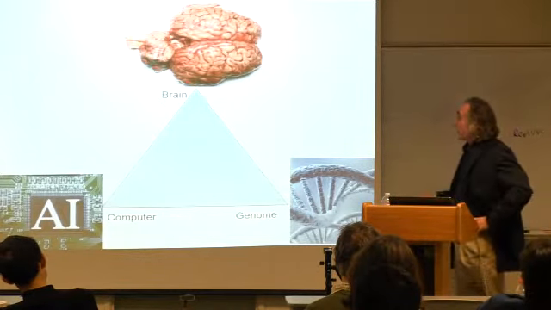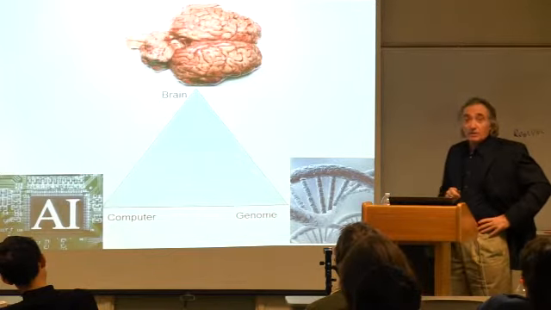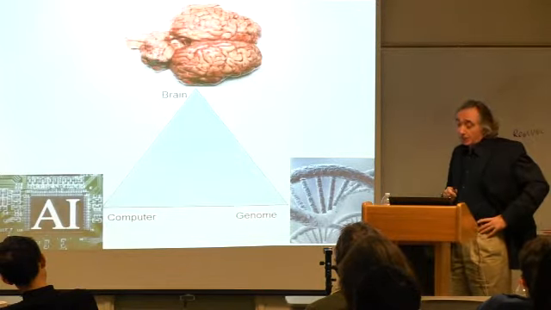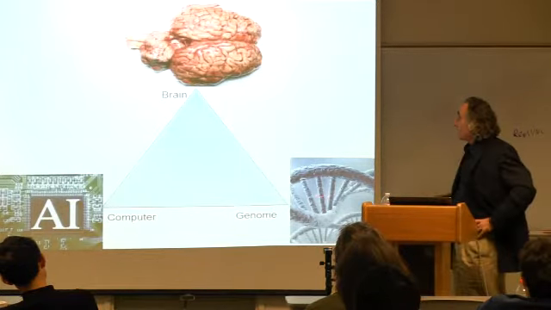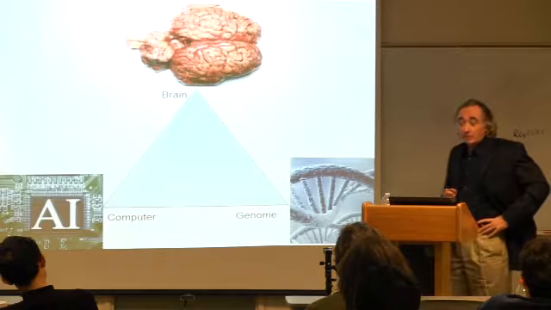And if you think that genomes have nothing to do with learning in the brain, you better look at that more carefully, because we're finding more and more that the genome plays an essential role in memory.